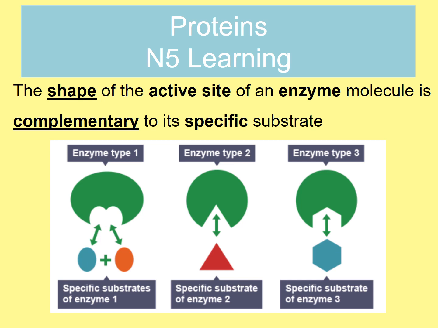If we were to take the same substrates for enzyme 1 and try and slot them into enzyme 2 or enzyme 3, for example, you'll notice that they're not complementary. So for an enzyme to be able to function, it has to have its specific substrate, and the substrate binds to the active site because of its complementary shape.